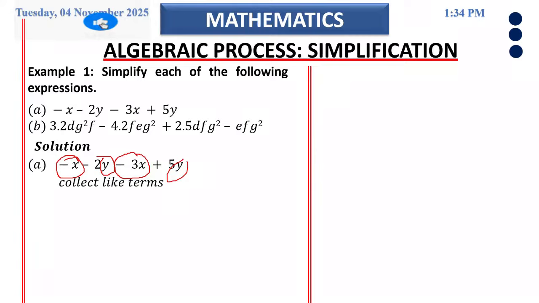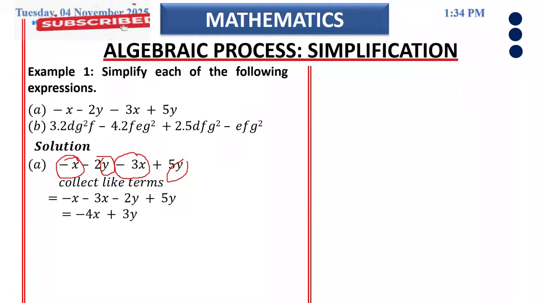So we can simply bring them together this way. You can see minus x is beside minus 3x, and the rest follow in that order. So if you simplify further, you have this as your final answer.